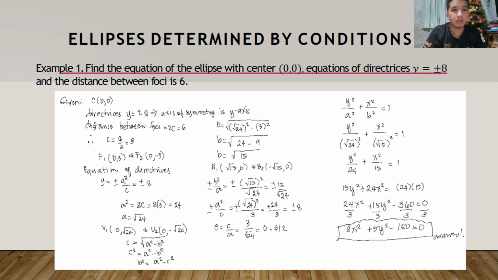So now c equals the square root of a squared minus b squared. So c squared equals a squared minus b squared. Transposing, b squared equals a squared minus c squared.